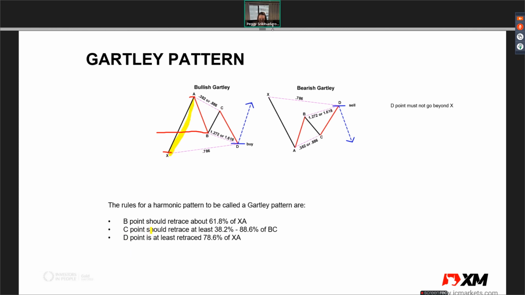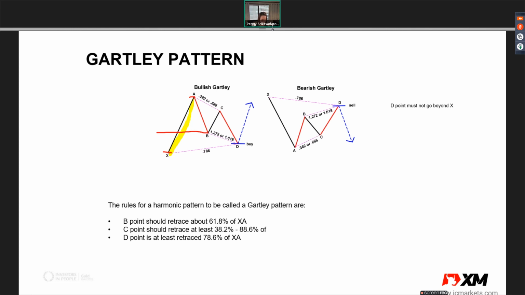All right. And the C point should retrace at least 38.2 to 88.6% of BC. BC meaning that, no, not BC, sorry, it's wrong. It should retrace AB.